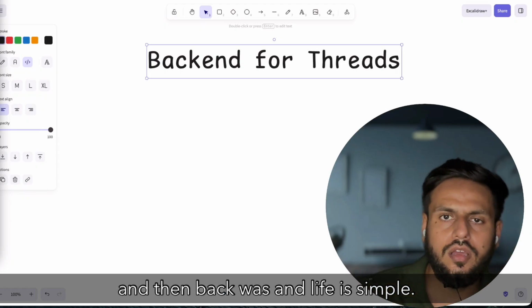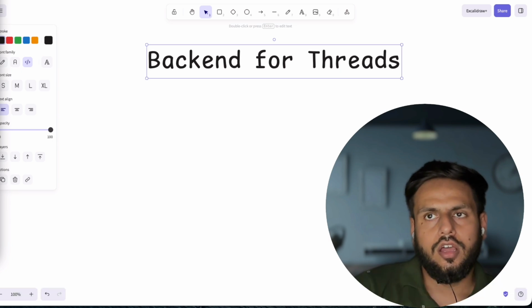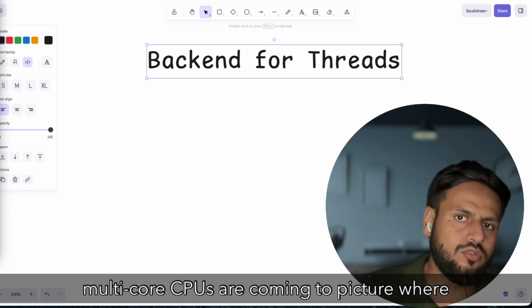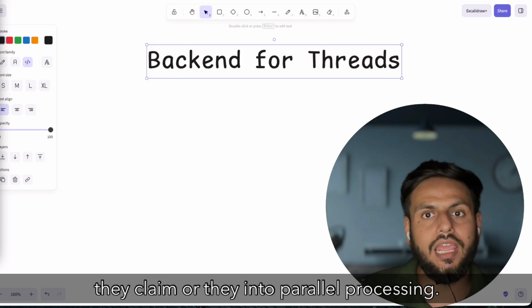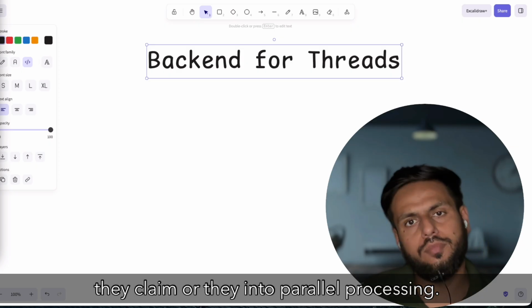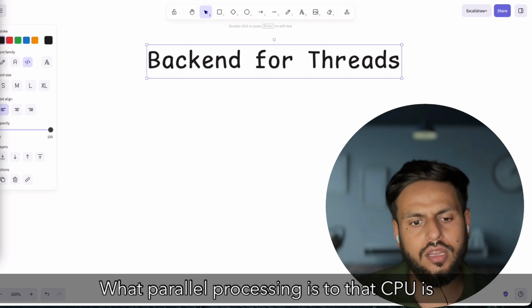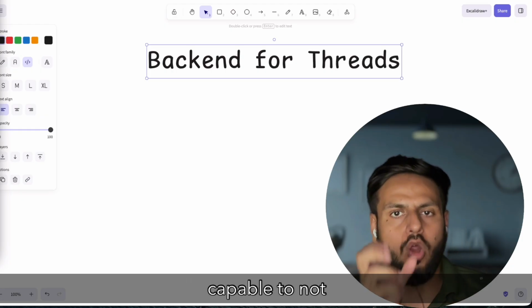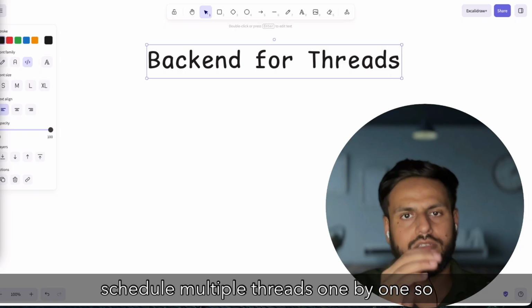And life is simple. Now things get complicated when multi-core CPUs come into the picture, where they do parallel processing. What parallel processing means is that the CPU is capable of scheduling multiple threads at once, not one by one.